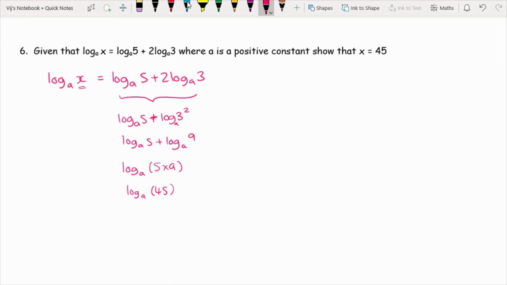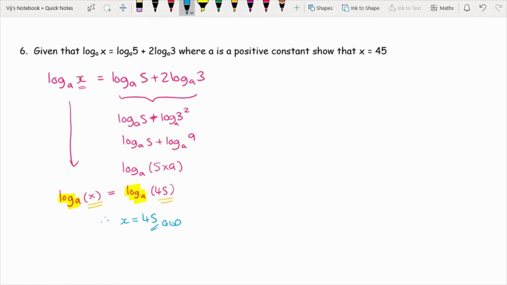Now if I bring this back down, I've got log a of x. As you can see, both sides have got a log to the base a, so the only thing that's different is what's in the brackets. So x equals 45, and that is what they've wanted me to prove.